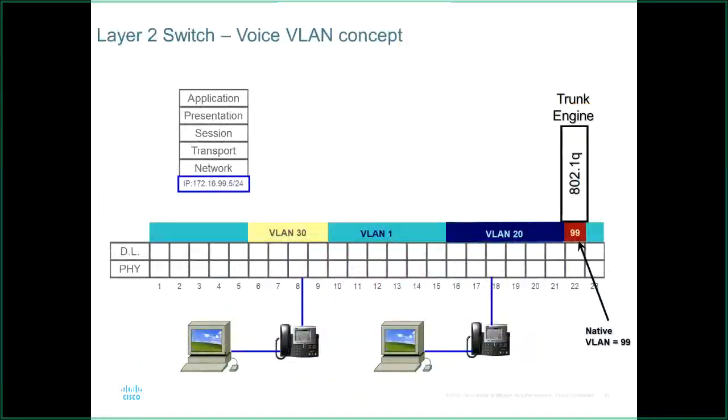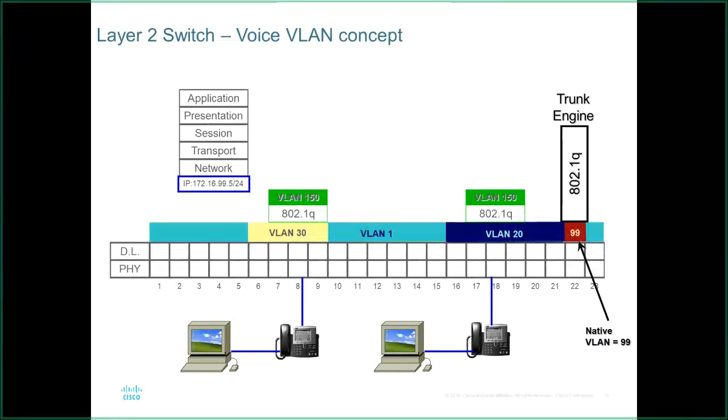So, back to our previous example, we've got VLAN 30, VLAN 20, management VLAN 99, and our default VLAN 1. So we've added IP phones into the mix. So we're making them voice VLANs compliant, so they get tagged as VLAN 150.